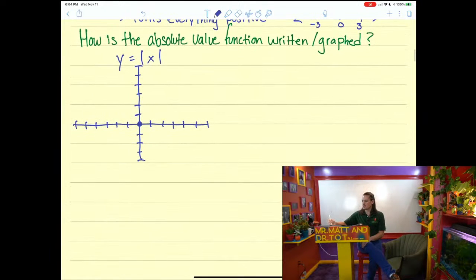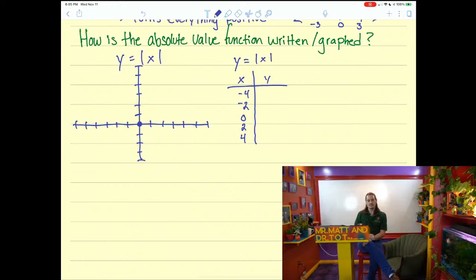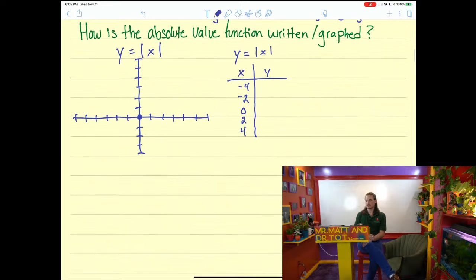So if we're evaluating y is equal to the absolute value of x, and we take a table, let's say, of -4, -2, 0, +2, and +4, when we substitute these values into the function y is equal to the absolute value of x, we're going to evaluate what the outputs are. Those are corresponding points on the function that we can plot and then connect together to sketch out an overview of the whole function.